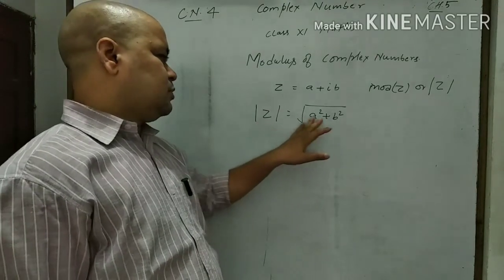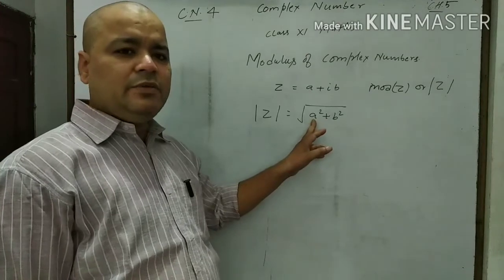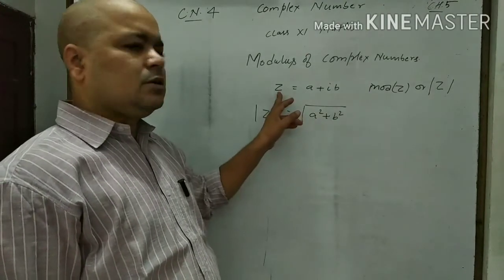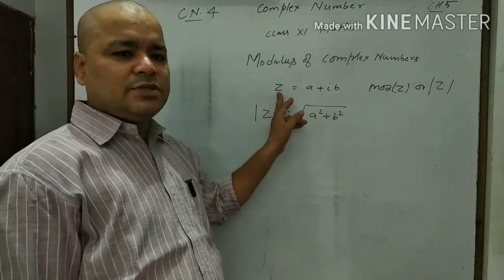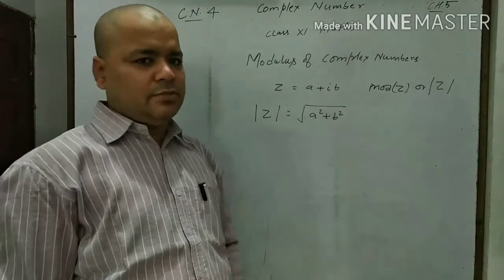Modulus z is equal to under root a square plus b square, and you know what is a? That is the real part of the complex number z, and what is b? The imaginary part of the complex number.